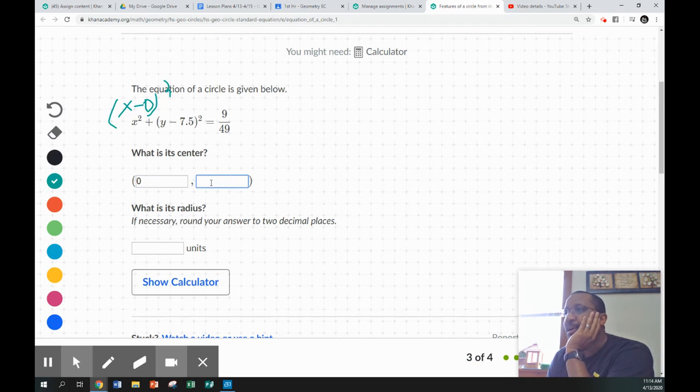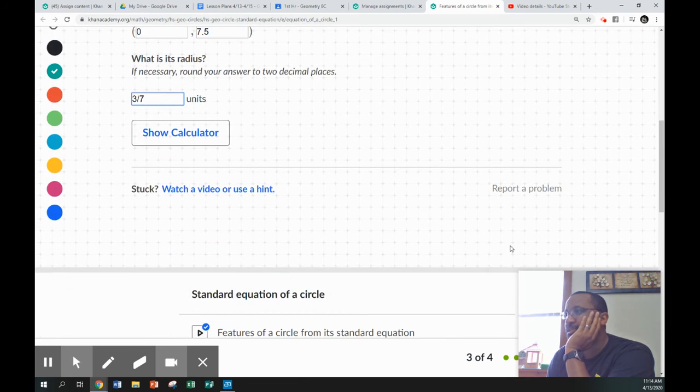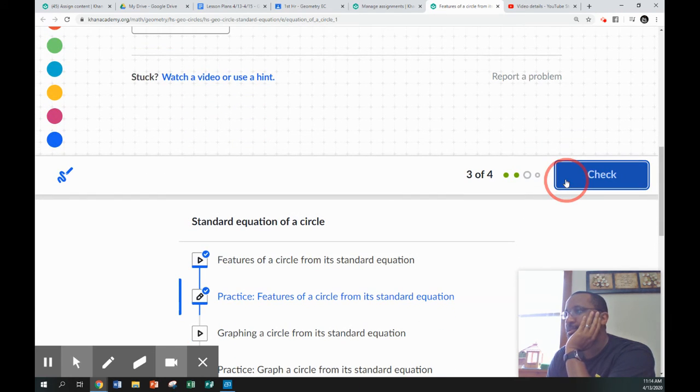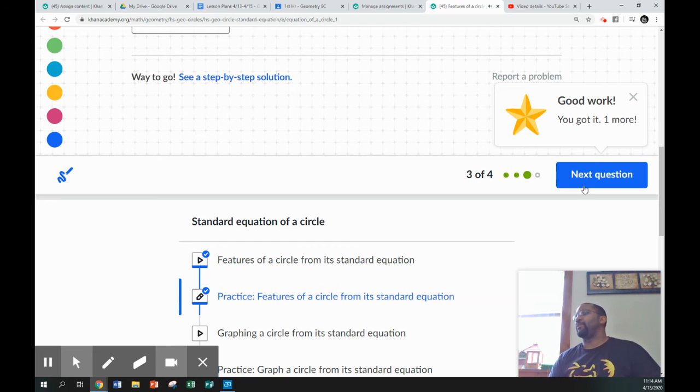And the y-coordinate is 7.5. And what is the radius? The radius is just the square root of this. The square root of 9 is 3, and the square root of 49 is 7. That's it, easy.